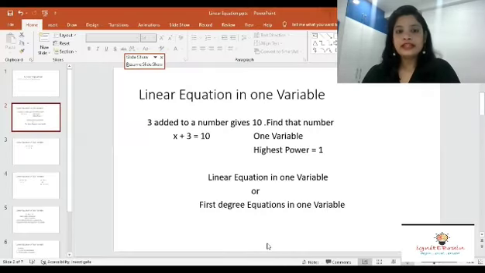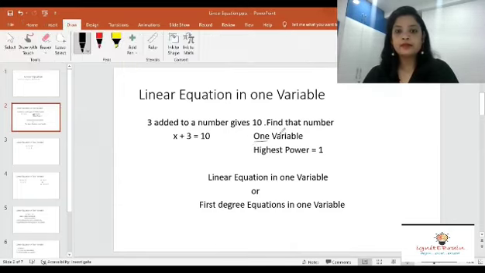Okay, so what we can see here is x plus 3 is equal to 10. Now here it is having one variable, that is x, and the highest power of x is 1, right? So we can call it a linear equation in one variable or first degree equation in one variable.